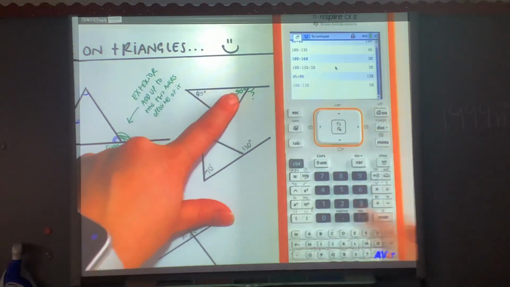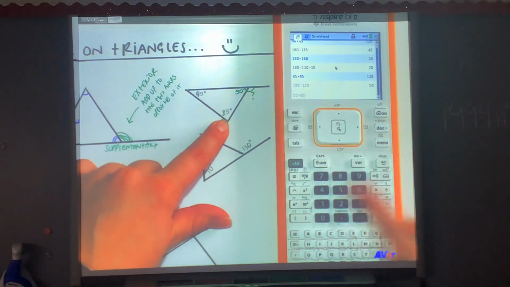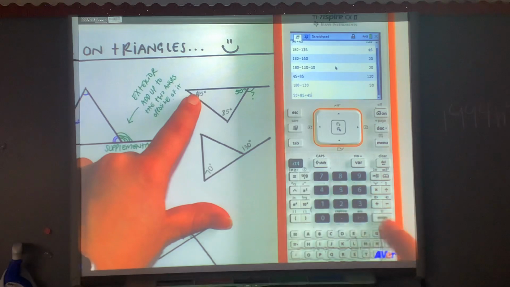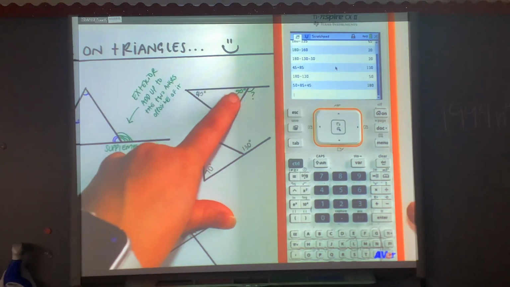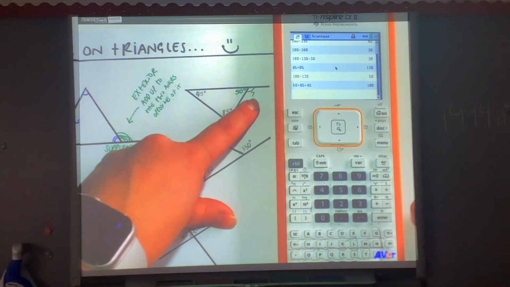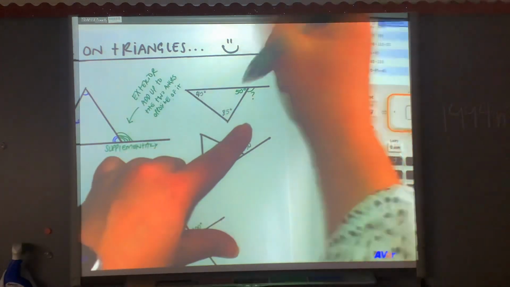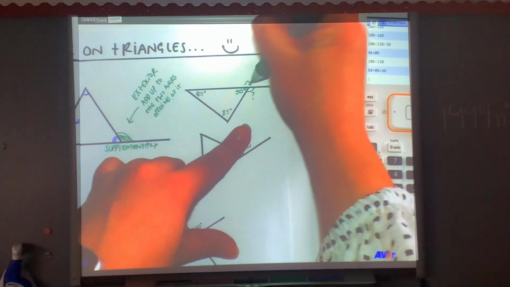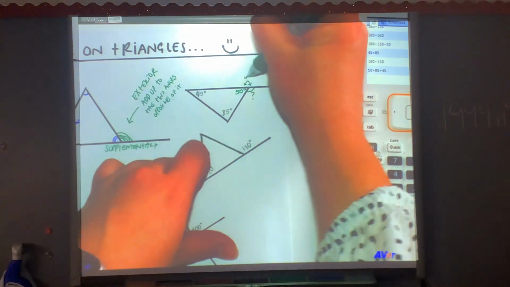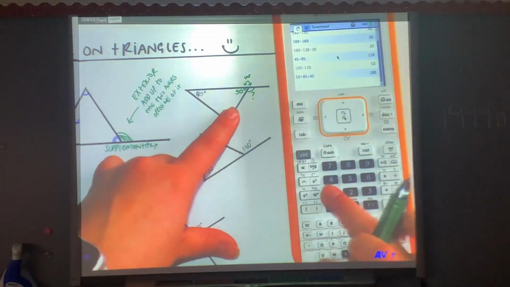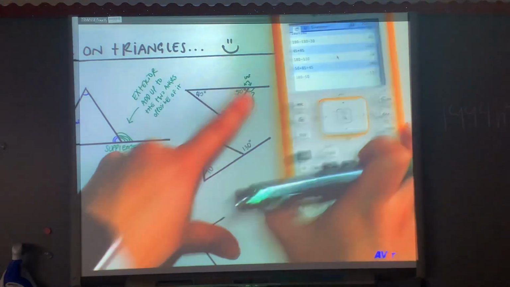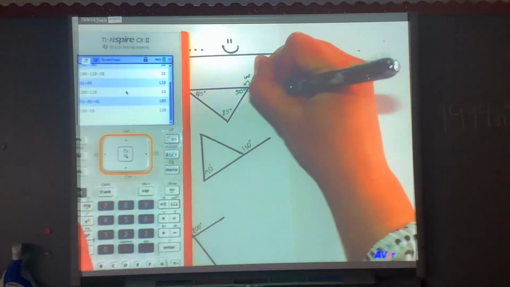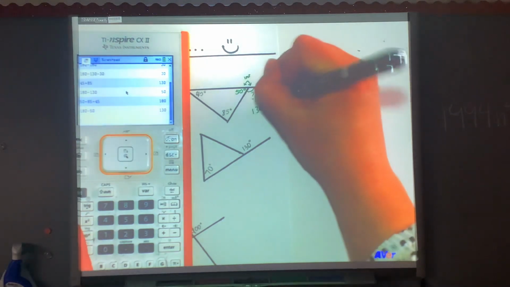Just as a check, 50 plus 85 plus 45, they do add up to 180, so I was correct, okay? But I wasn't looking for that angle, I was looking for this one. So I know that these 2 are supposed to add up to 180, so I could do the same thing again. I could say 180 minus 50 and get 130. So the whole time, this right here was supposed to be 130 degrees.